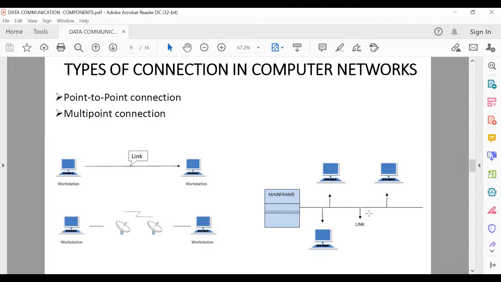Second, if users take turns while using the link, then it is time shared, or temporal line configuration. These two kinds of multi-point connections can be made using this type of configuration.